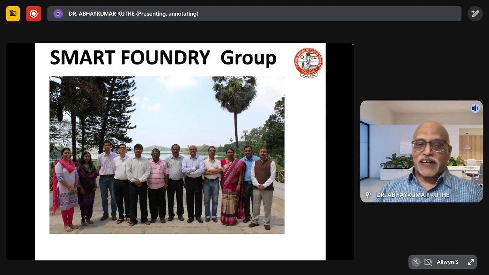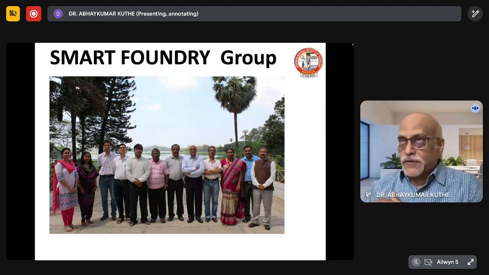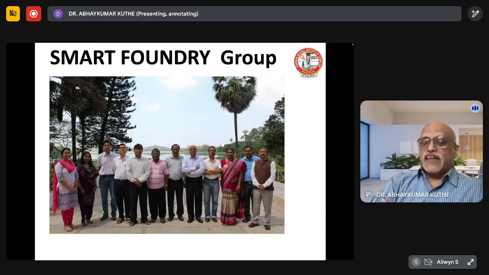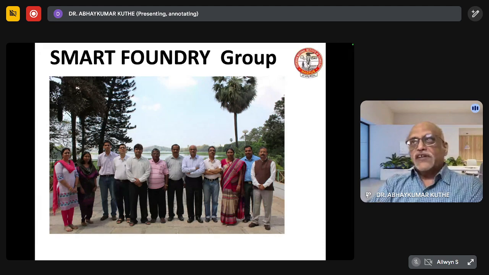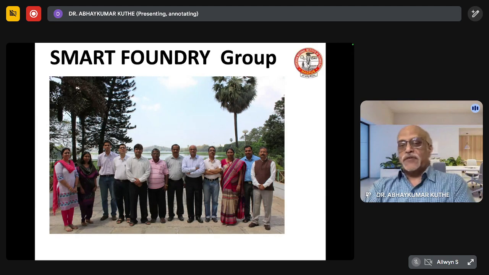Now, this is a smart foundry group where you will find that not only the IITs or NITs or the engineering colleges, but even the institutes which we generally call CSR institutes are also in the picture. And around 14 institutes all over India, we were together and we have started this particular project called Smart Foundry.